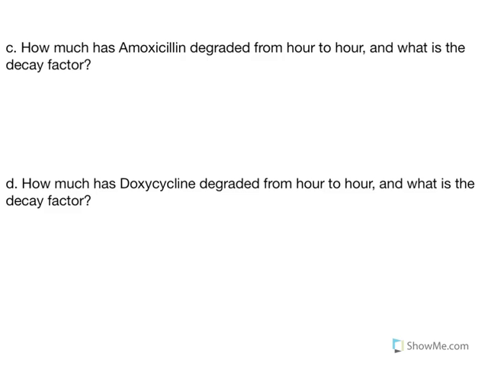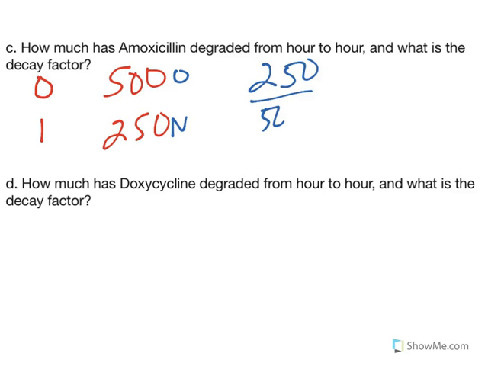Now, how much has amoxicillin degraded from hour to hour, and what is the decay factor? So if you just look at the first two, right? At 0, we're talking about amoxicillin, that would be 500, and at 1, we're at 250. So if I put new over old, just like we did with the growth factor in the last lesson, I get 0.5.